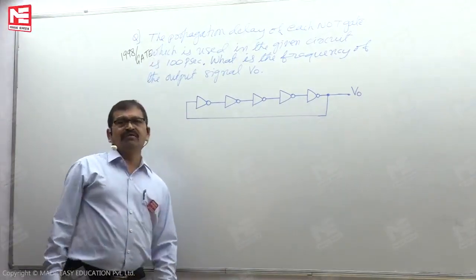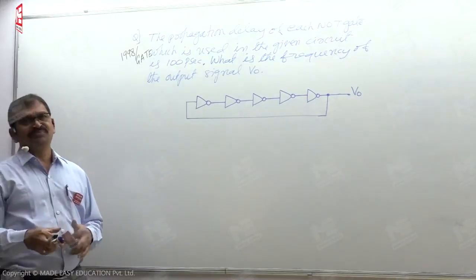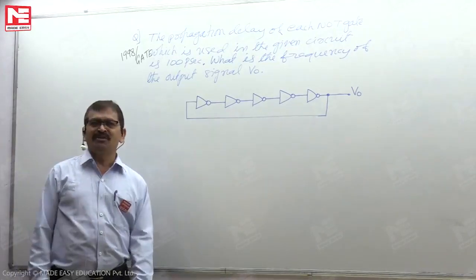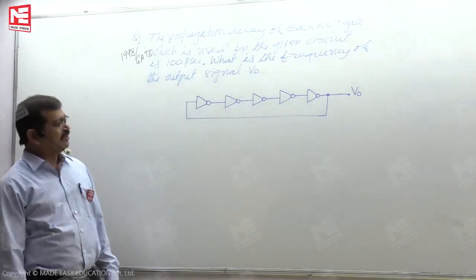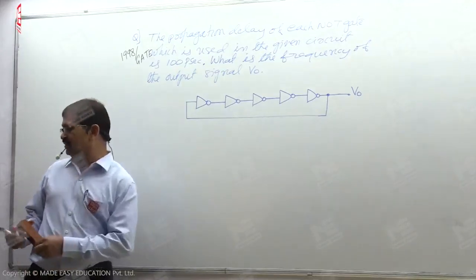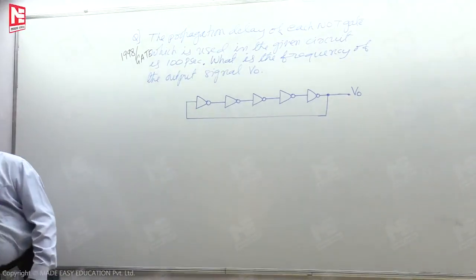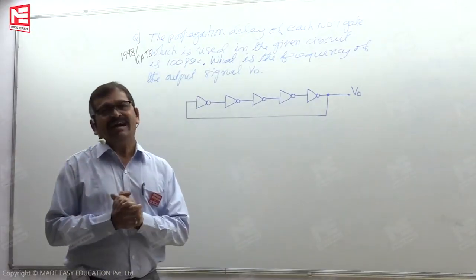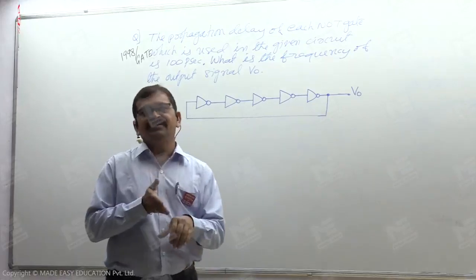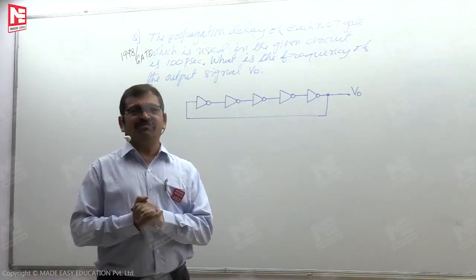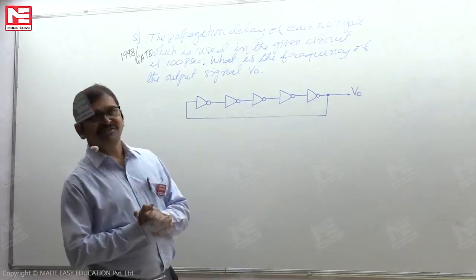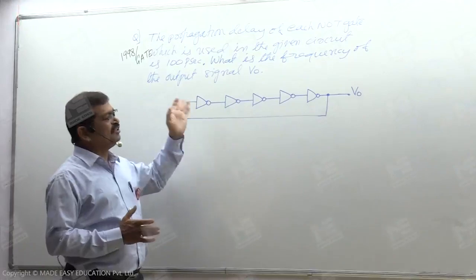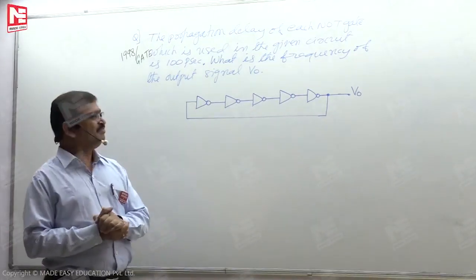The circuit we have is built using NOT gates, and this circuit is called a feedback circuit. If you have a little knowledge of electronics, you might have caught the wording. In any electronic circuit, where the output comes back as the input, we name such a circuit a feedback circuit. In this circuit, the output V0 comes back as the input, so this is an example of a feedback circuit.